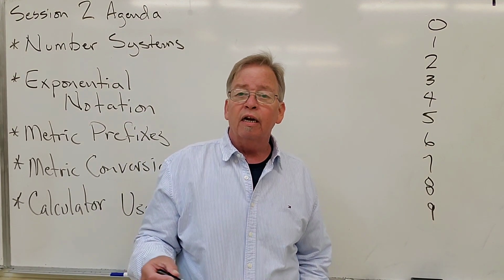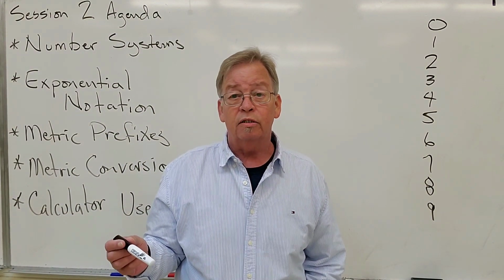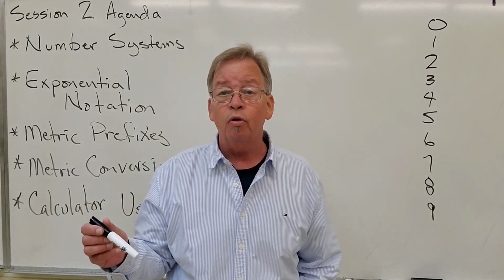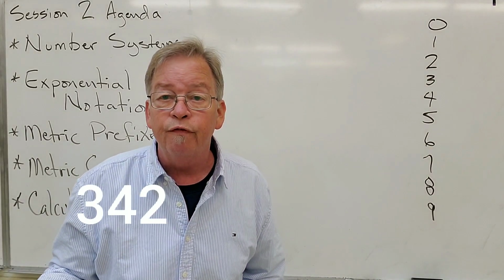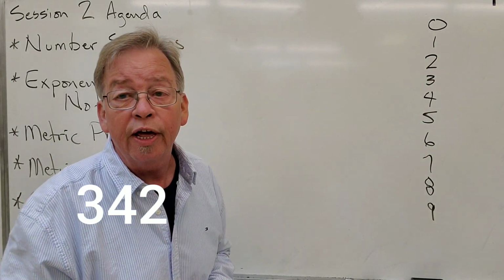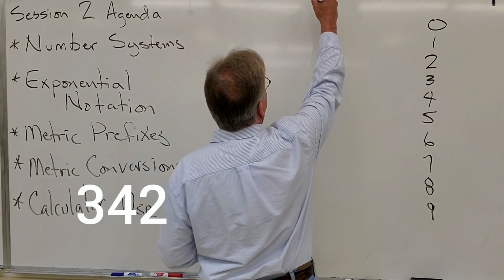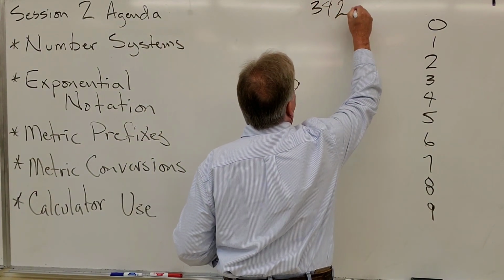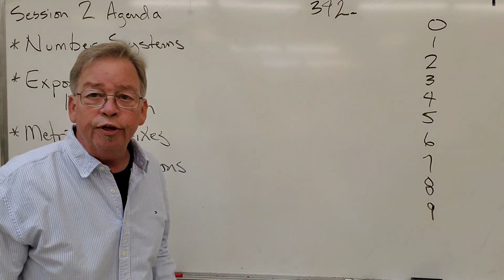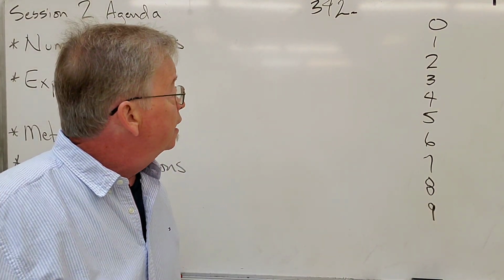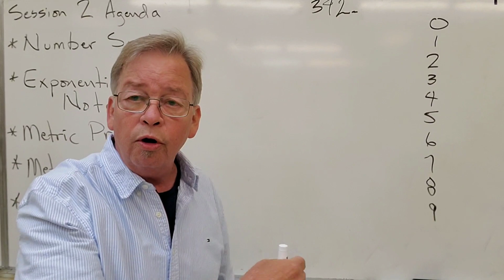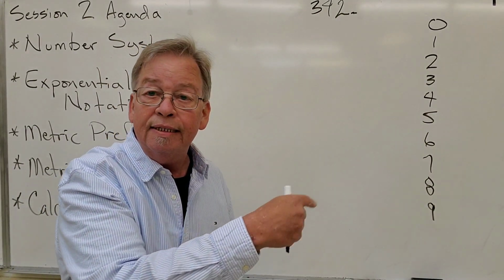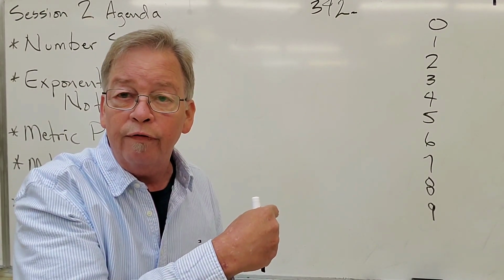Now here's the deal, any quantity that there is, let's take for example the value 342. My question is, does it matter the order in which we place these symbols to represent 342?